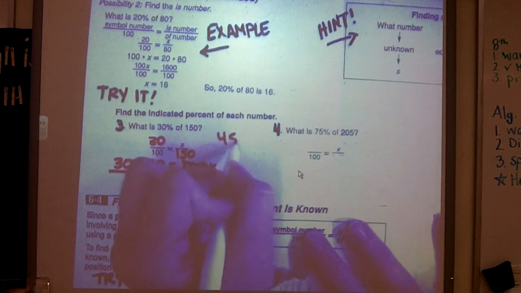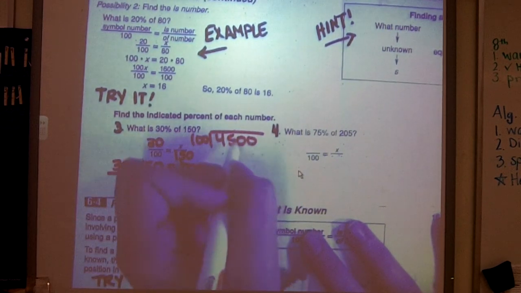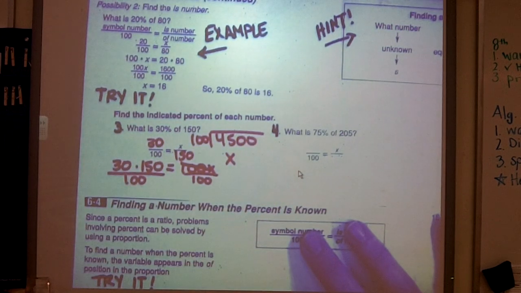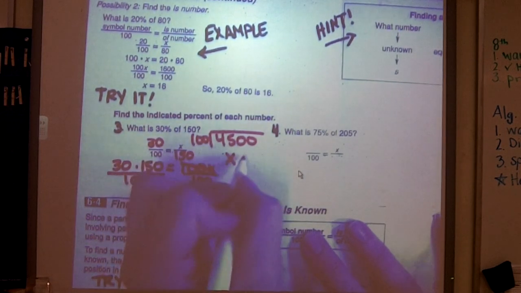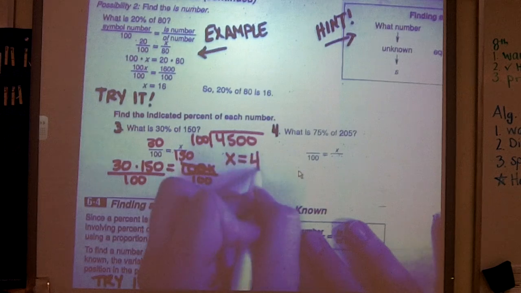So I get 4,500 divided by 100, which should be pretty easy. Please solve for x. Pause the camera while you solve for x. And so x equals 45.